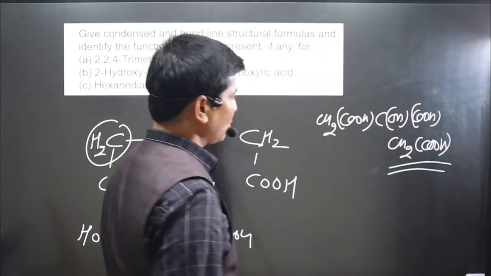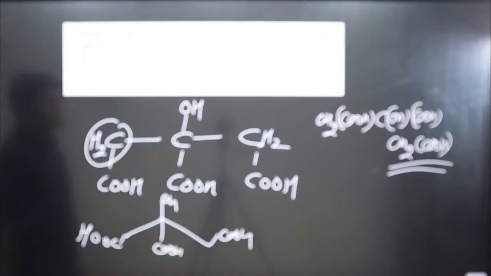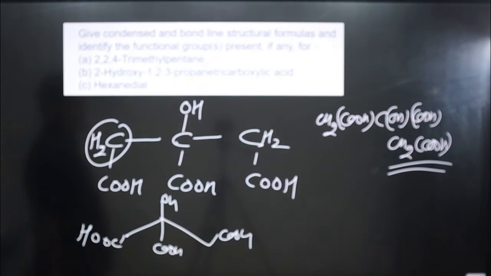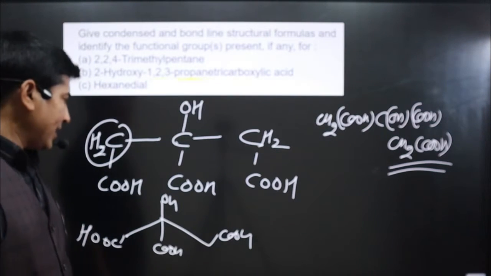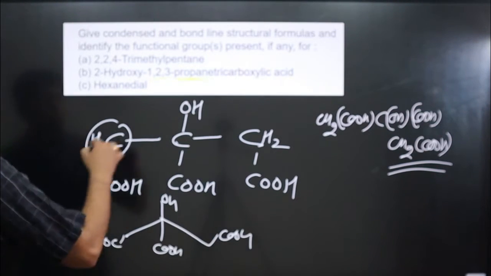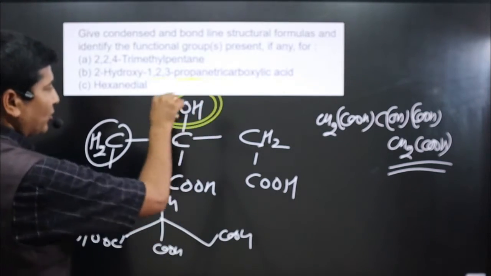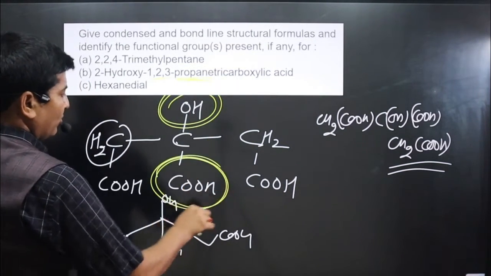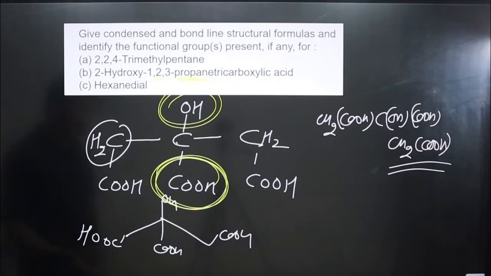So this is the condensed structure: CH2COOH, C(OH)COOH, CH2COOH. In this case we have 2 functional groups: the OH hydroxy functional group, and COOH, the acid functional group.